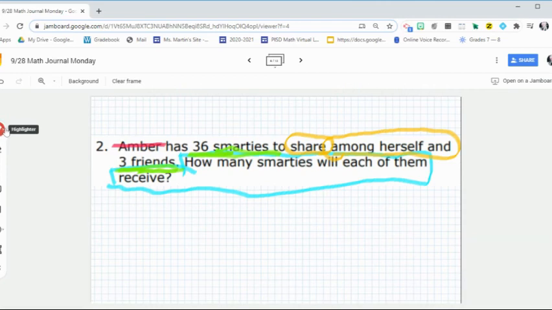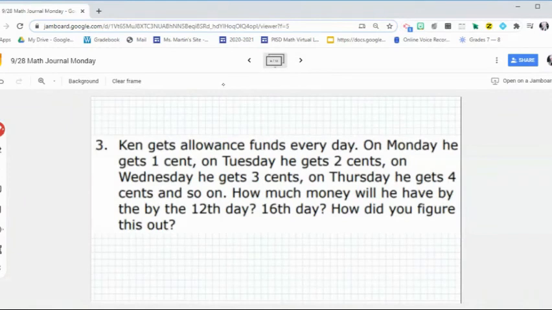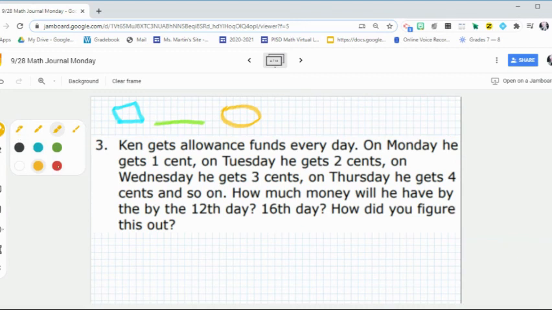Your assignment for today is to do questions 3 through 6. So those start on slide 7. I want you to annotate using our method. You want to box, underline, circle, and then knock out anything that's not important to solve the problem.